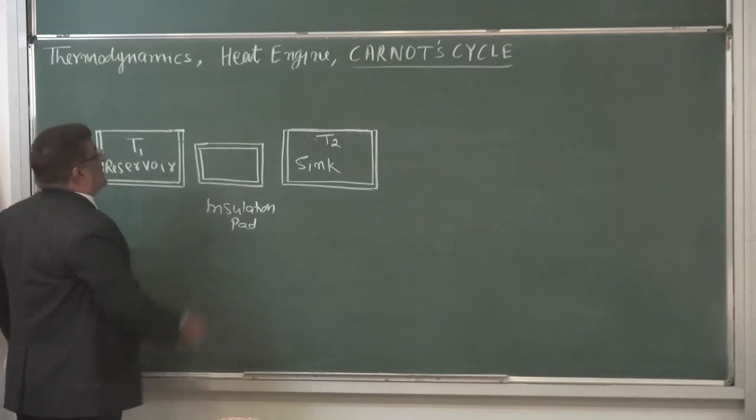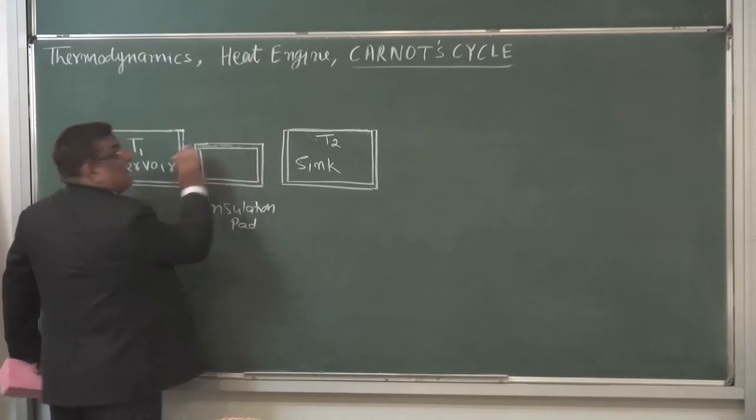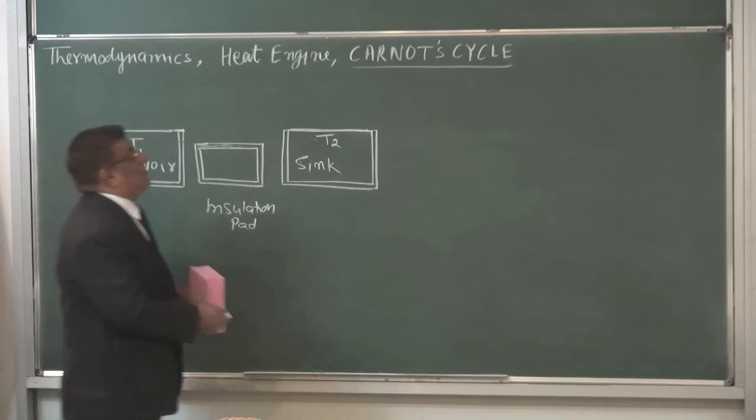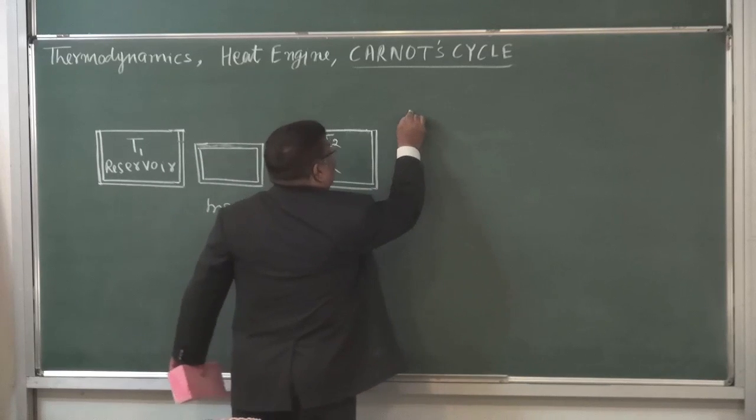Okay, this is all insulated. Anything placed on it will get sealed and the heat cannot be transferred. Then we have the working substance. The working substance will be contained in a cylinder.